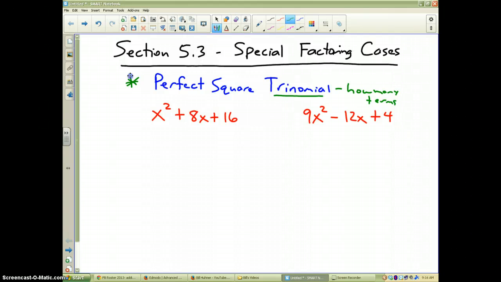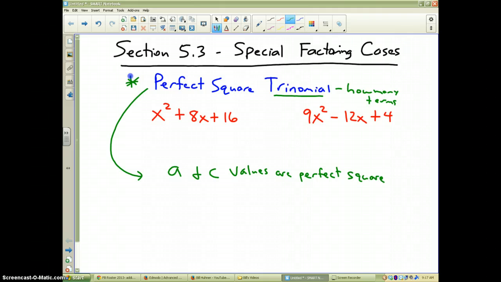Perfect square trinomials, things that are important to know about them. First of all, and most importantly, the a and the c values are perfect squares.